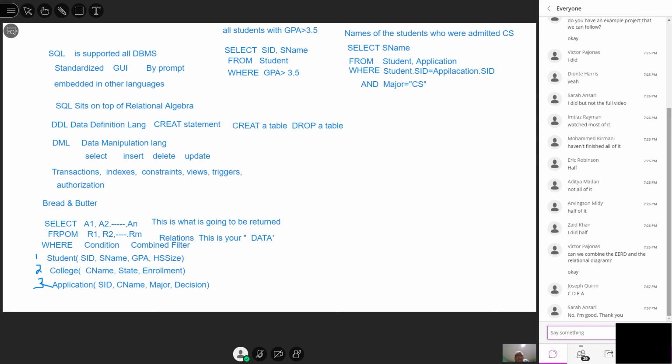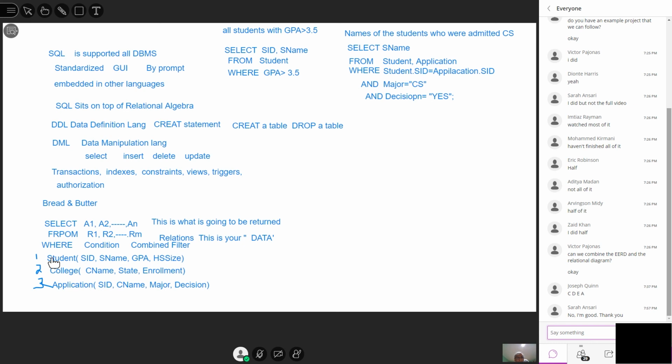Let's go over this again. So our answer is coming from the student and from the application. We don't need college. The college name is right here. If we want a college name, we can also get that here. So we want to make sure this student ID is the same as this student ID.